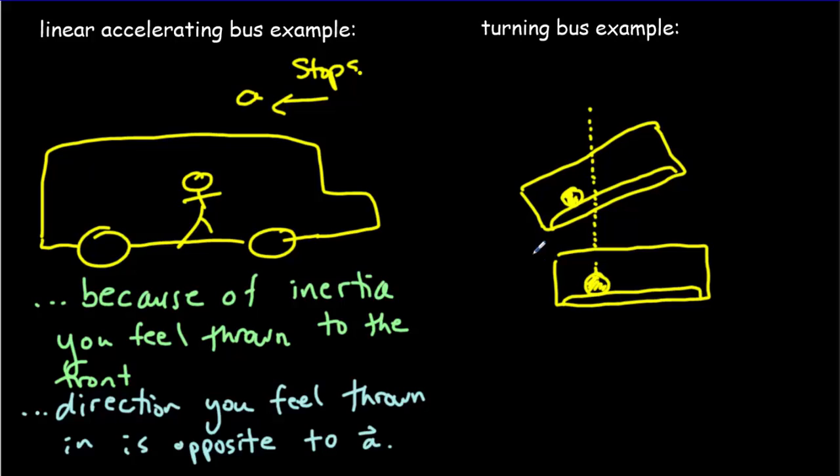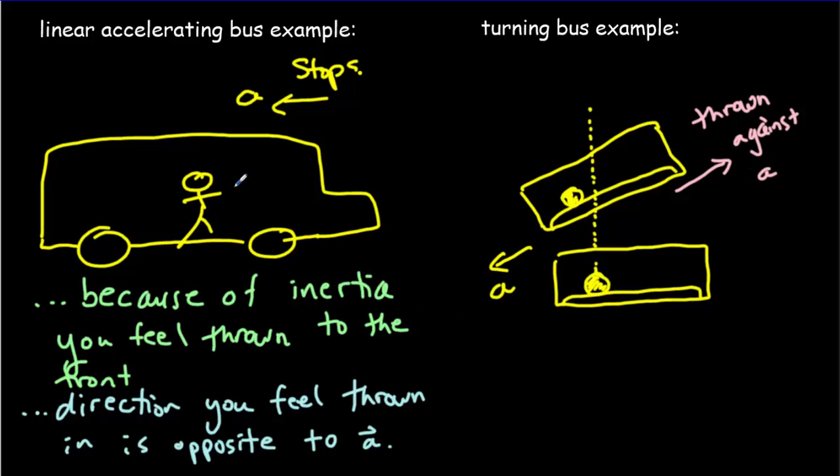So there's been a force towards the center of the circle exerted by the seat belt and the seat onto you. And so your acceleration is in this direction. But once again, you're going to feel thrown this way against the acceleration. Now this sense of being thrown is really just your inertia.